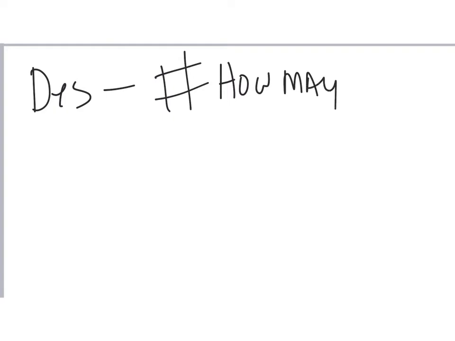Descriptive deals with numbers. Okay? Anything with a physical integer number, such as, let's say, how many years have you been teaching? Well, in that one, it would be 10.